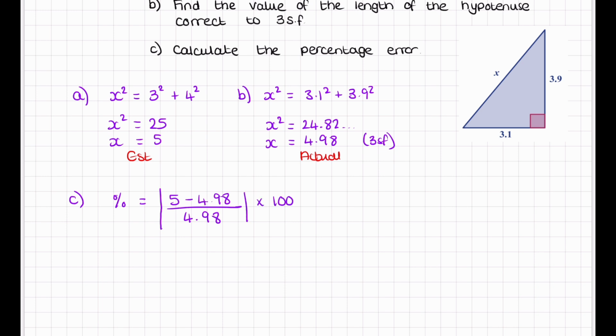Now remember, when we're putting this into our calculators, we're not using 4.98, we are using the whole number from our calculators from part B, not the rounded number. We can use a rounded number in our writing, but in our calculators, we use the actual value. And that gives us a percentage error of 0.361955, which is equal to 0.362% to three significant figures.